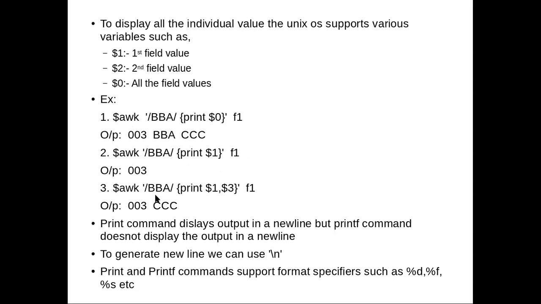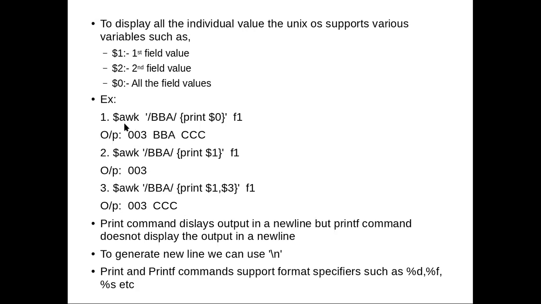Okay. Next, again, suppose I want to search the occurrence of the pattern BBA. Now, if I find that pattern in any record, I want to display only the first field value and the third field value from that record. So we have seen this is the record containing the pattern BBA.